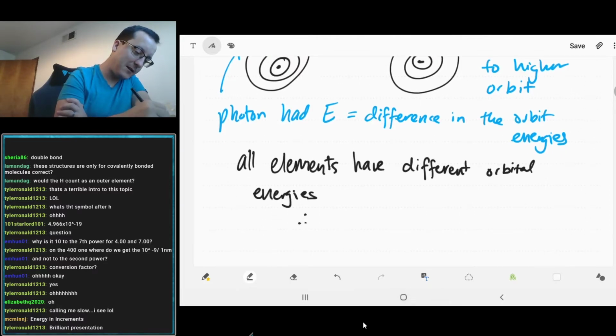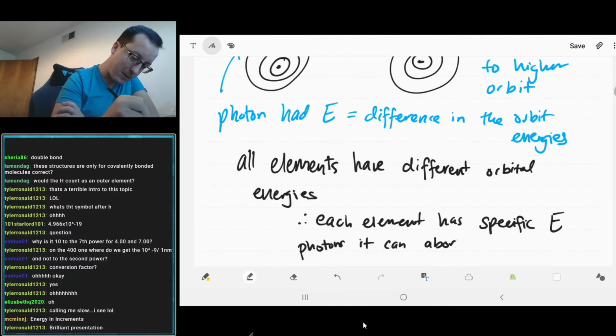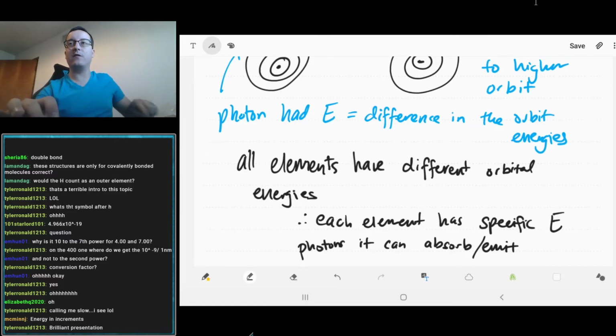What this means is each element has specific energy photons it can absorb, or therefore emit. Remember, when it relaxes down, it's going to spit out that energy again, and it's going to be the same amount. And so I have a video of this.